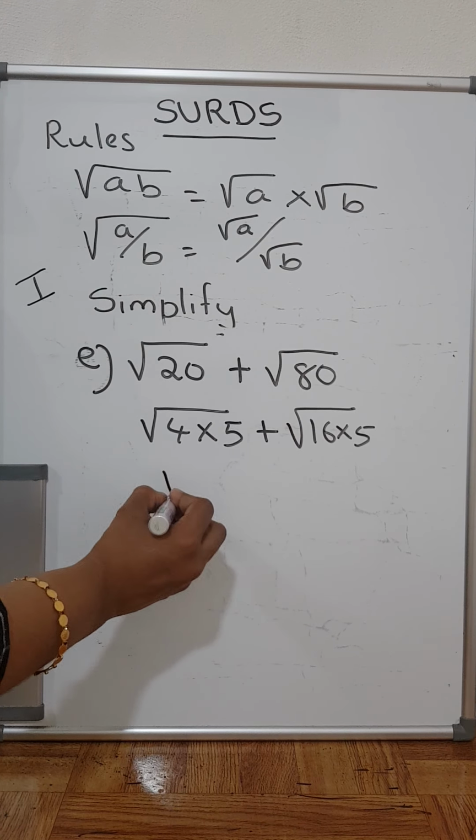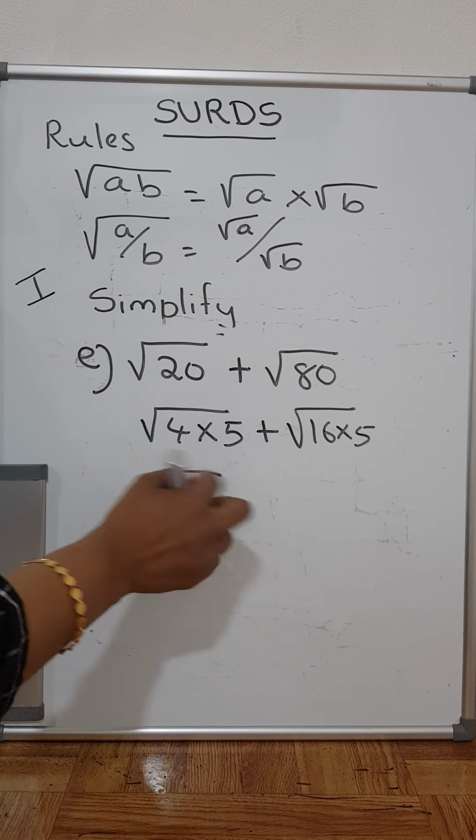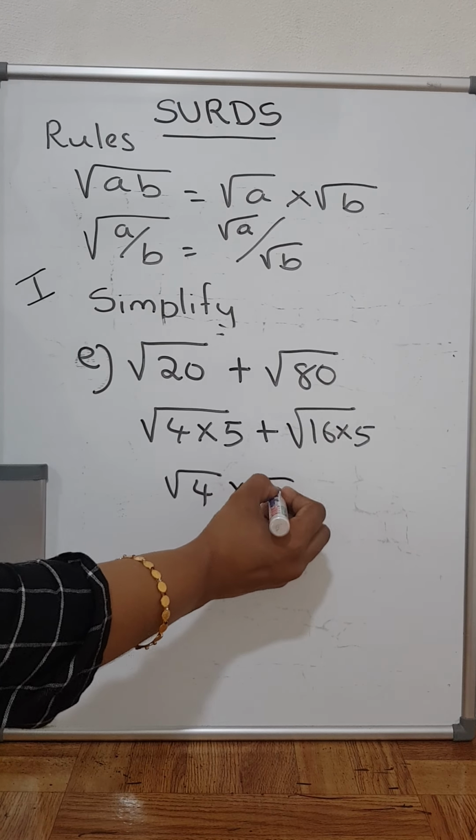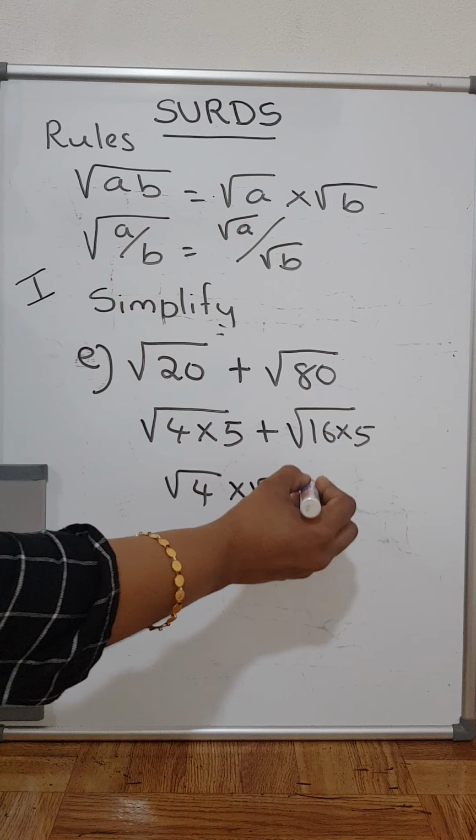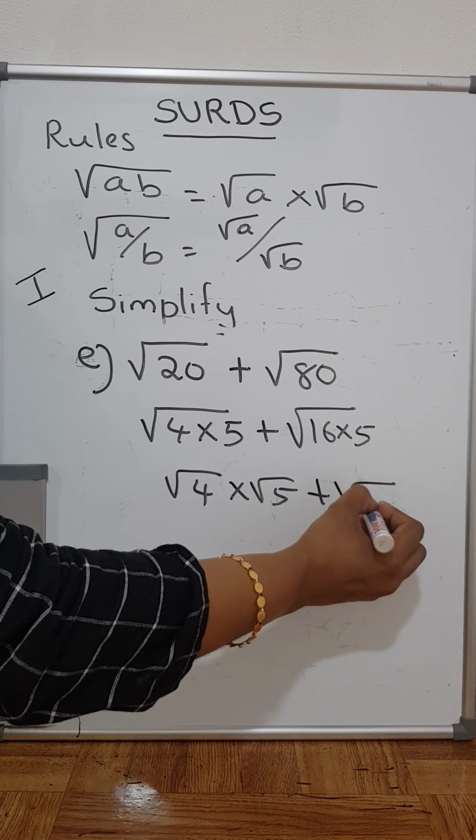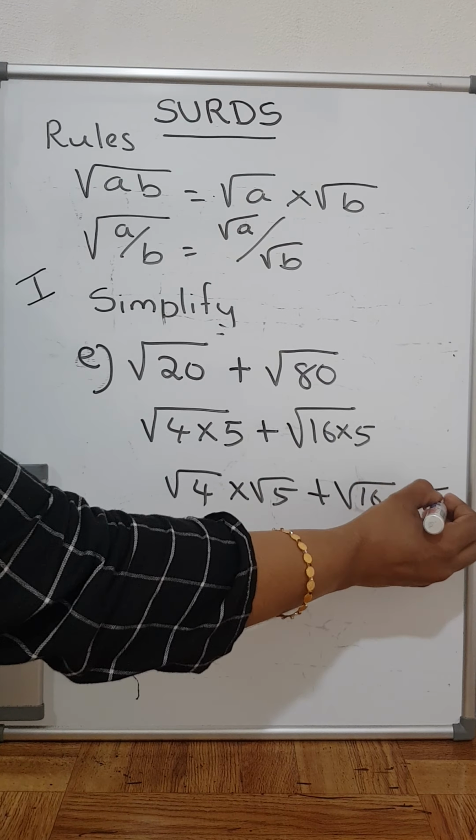So we can write it as square root of 4 times square root of 5 according to the first rule, plus square root of 16 times square root of 5.